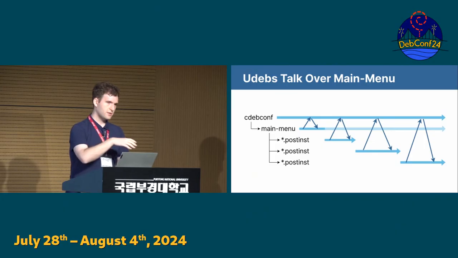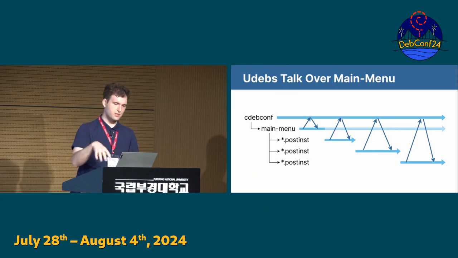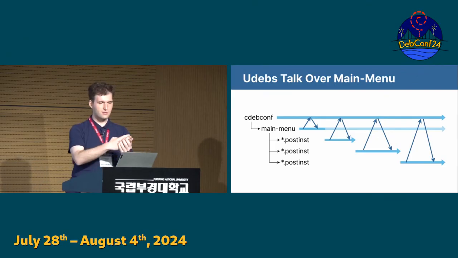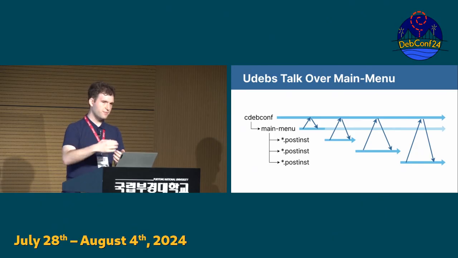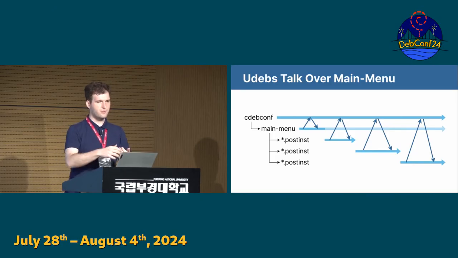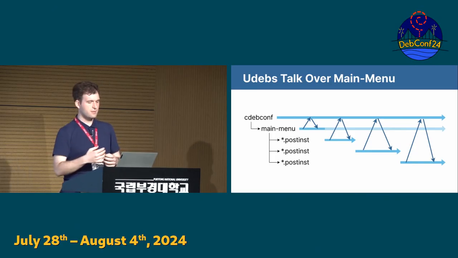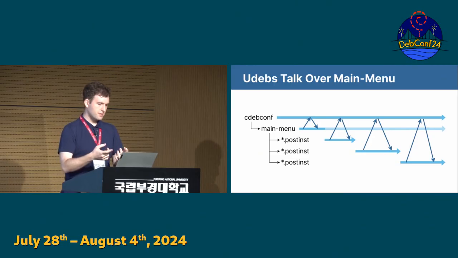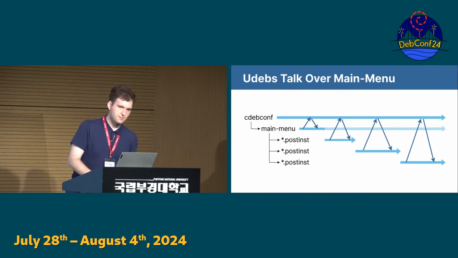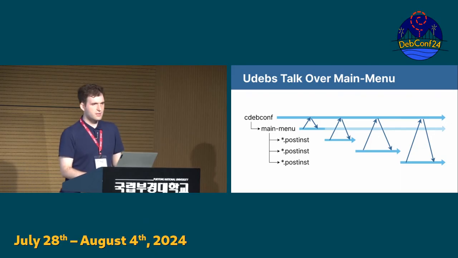During the initialization, during the boot sequence, the init of our operating system runs Debian installer. Debian installer runs some drop-in script files, which eventually run DebConf and cause DebConf to run main menu, which then talks to DebConf, and sometimes executes post-inst scripts which talk to DebConf over the same standard input-output channels.